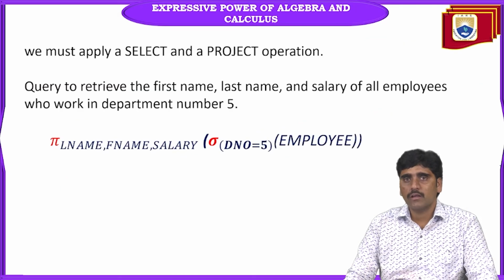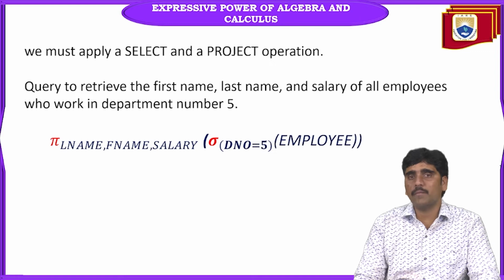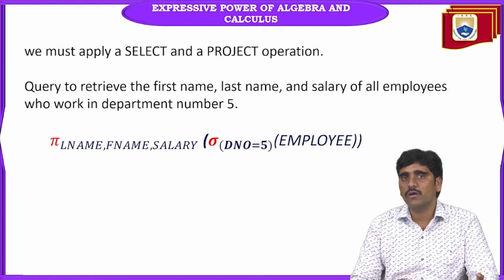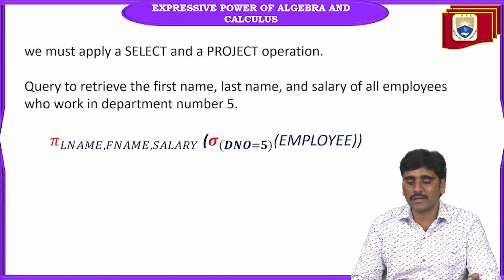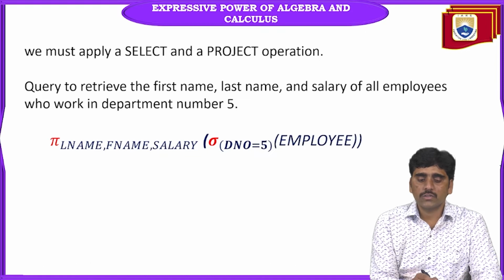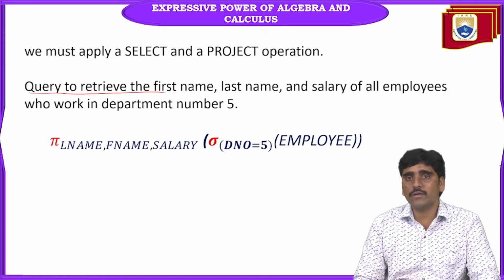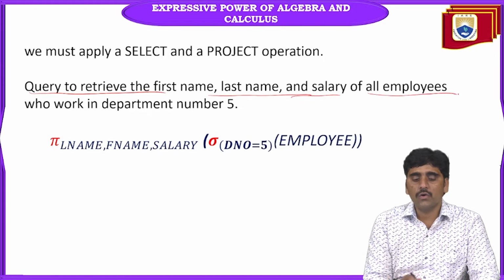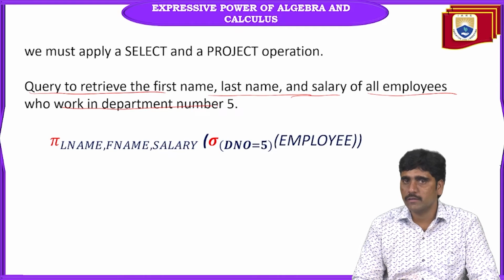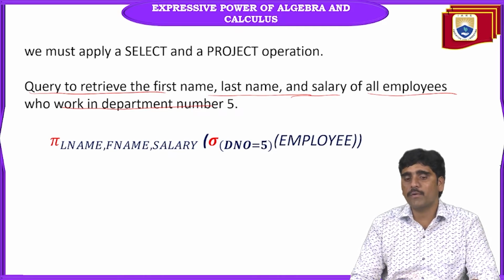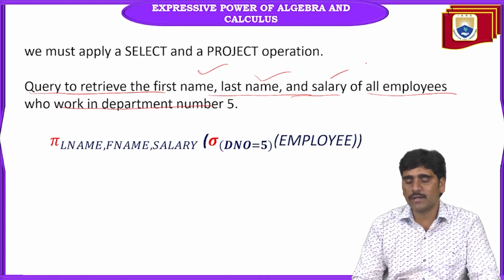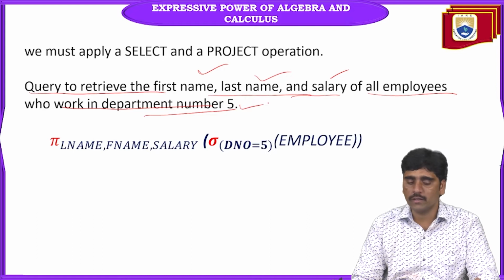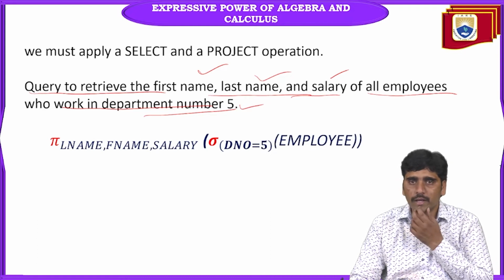And next, we have to apply select and project operations on some queries. So here is an example: a query to retrieve the first name, last name and salary of all employees who work in department number 5. So I want to display all the employees' first name, last name and salary whose department number equals 5.